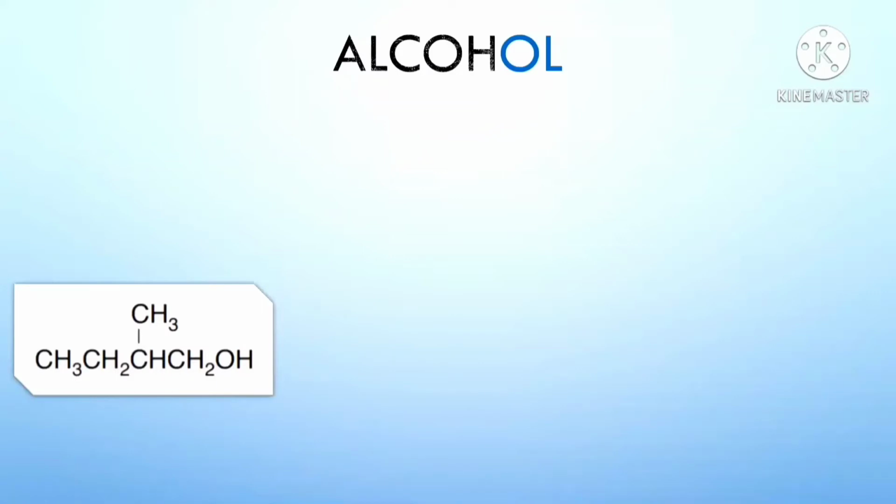For this particular example, let us find the parent chain, which is the longest continuous carbon chain, and count the number of carbon atoms. So here is the parent chain with 4 carbon atoms. Next, we have to number each carbon in the parent chain in a way that will give the lowest position number to the hydroxyl group. So we number it from the right.